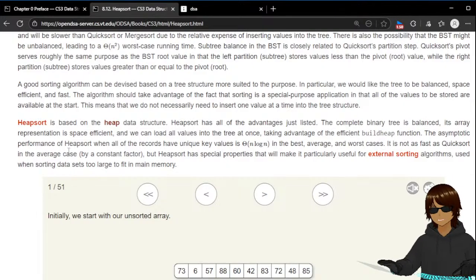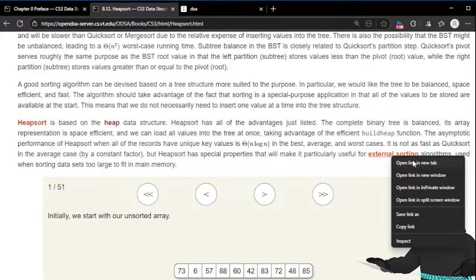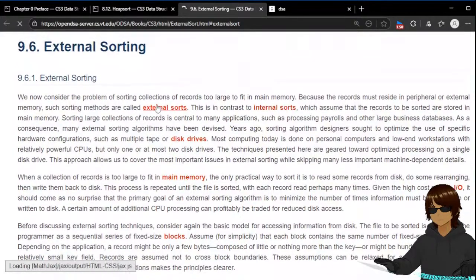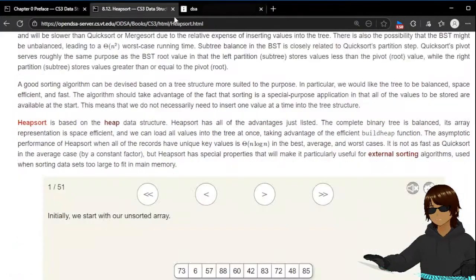It is not as fast as quicksort in the average case by a constant factor, but heap sort has special properties that will make it particularly useful for external sorting algorithms. Okay, this is like operating system stuff.